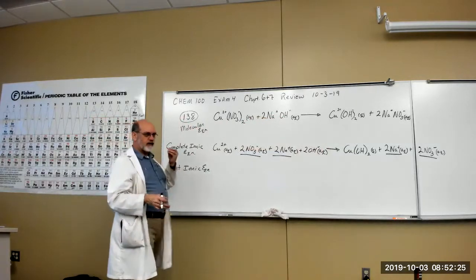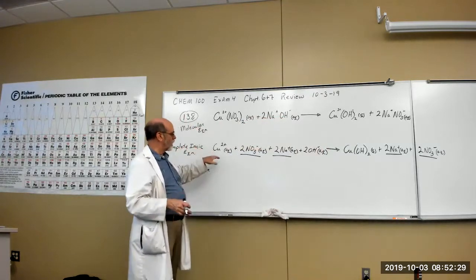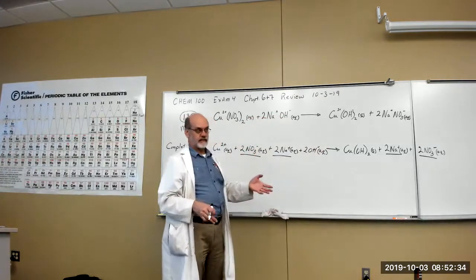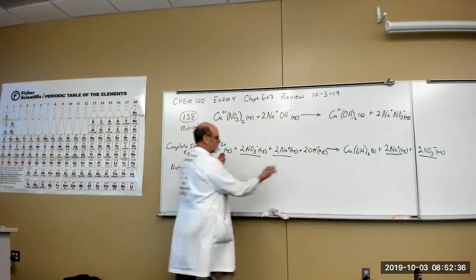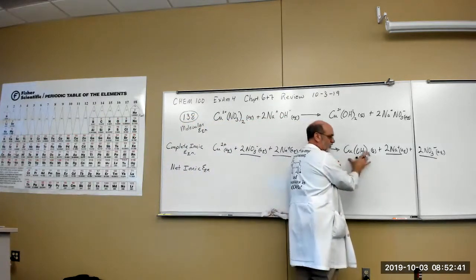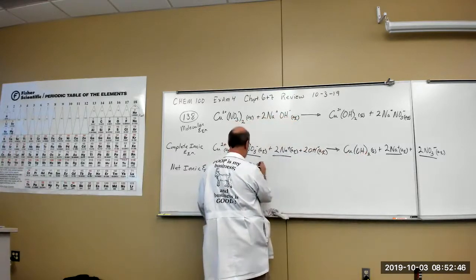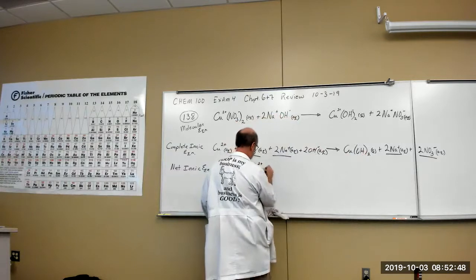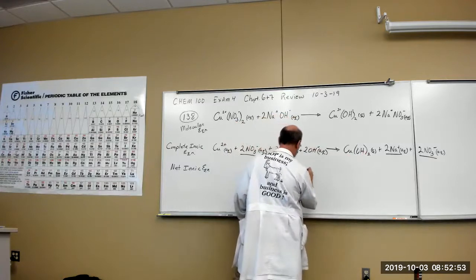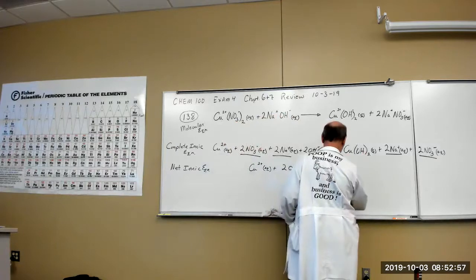But we're focused on the reaction of interest, the one where the ions interact and produce a different phase. So these aqueous ions, copper and hydroxide, come together to form this solid. So that's our net reaction. And 2 hydroxide yields this one.